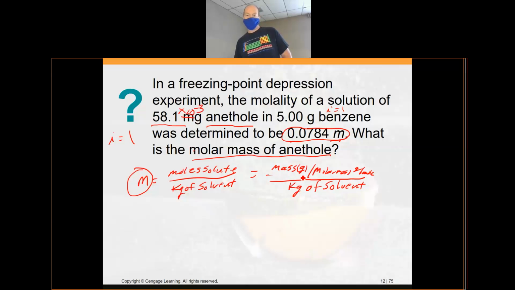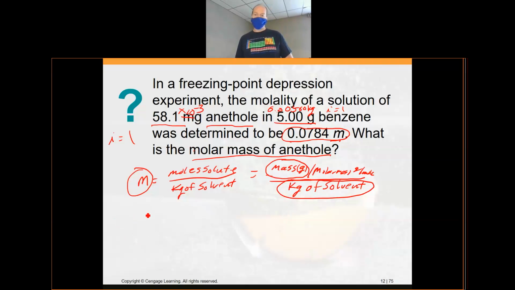We have our mass in grams. We have 5 grams of benzene, and if we convert that to kilograms, we have 0.00500 kilograms. So we have 3 of the 4, and that's what you have to have. You can only have one unknown, and then you solve for the last thing.